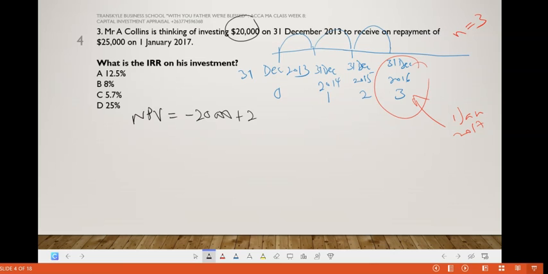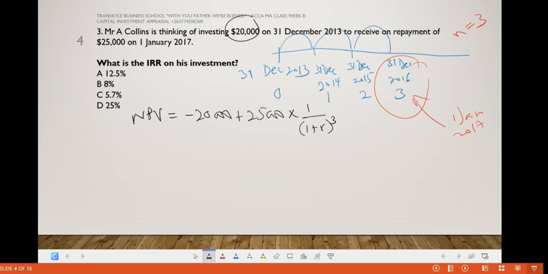The inflows are 25,000 multiplied by 1 over (1 plus R) to the power 3. Why? Because we have to discount the 25,000, as it is going to be repaid after 3 years. So we have to discount this with a 3-year discount factor, but we do not know this discount factor because we do not know the discount rate.